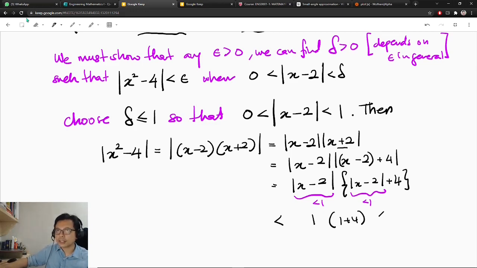Because I'm setting delta to be less than or equal to 1, any result here, whatever x is, is going to be less than 1 times 1 plus 4, which is 5. I think I put 5 delta there.